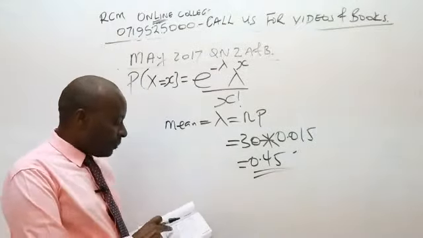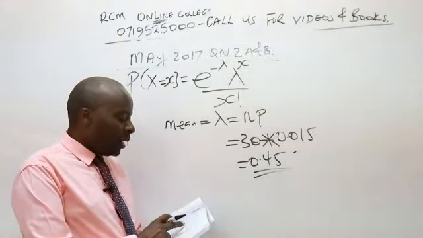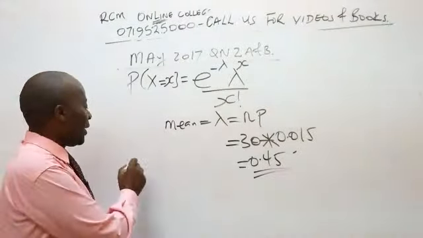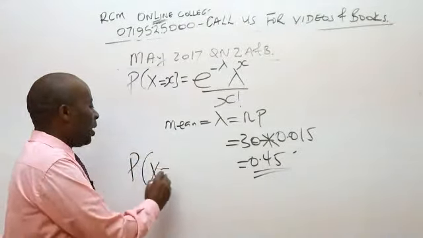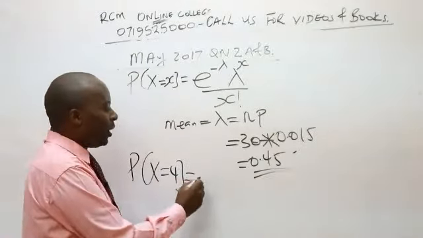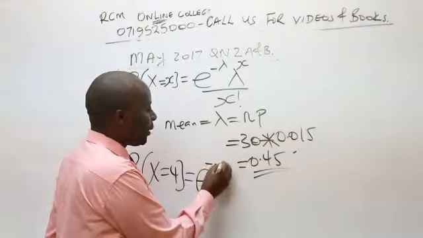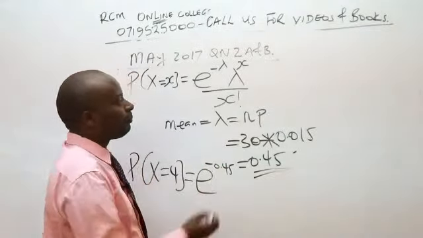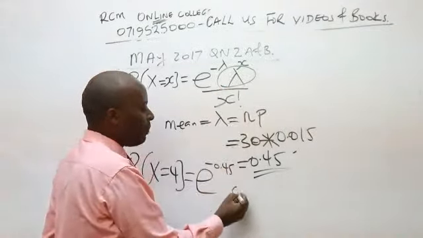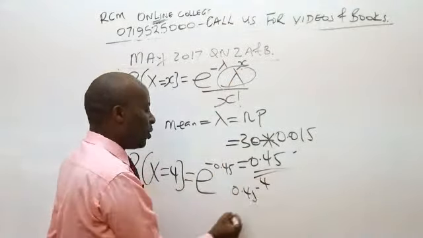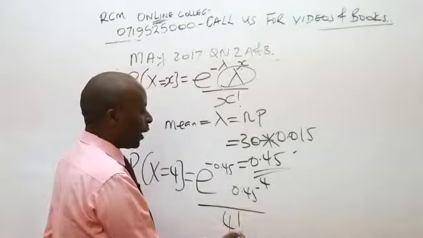So now here, number one, they want us to give them the probability that exactly 4 machines will break down. So the probability of X being equal to 4 will be equal to e raised to negative lambda, so raised to negative 0.45, following this. Lambda raised to x, which is 4, all over 4 factorial.